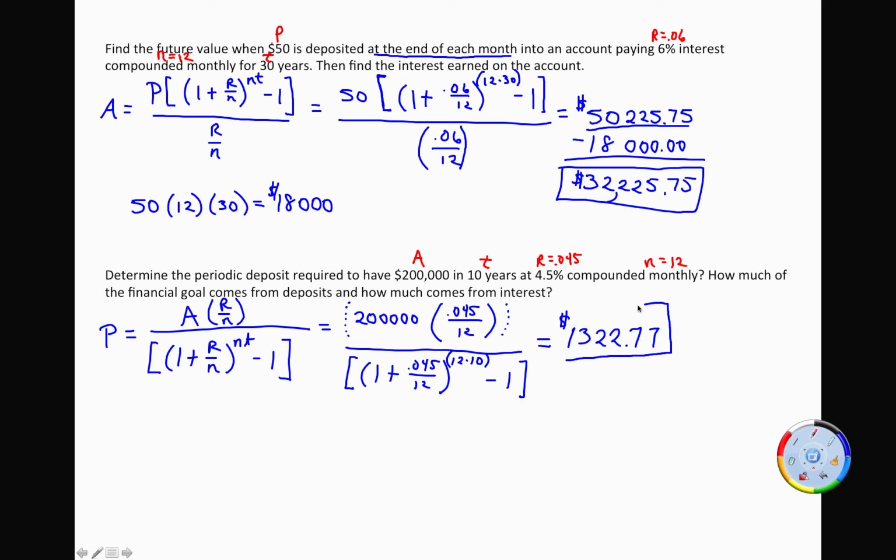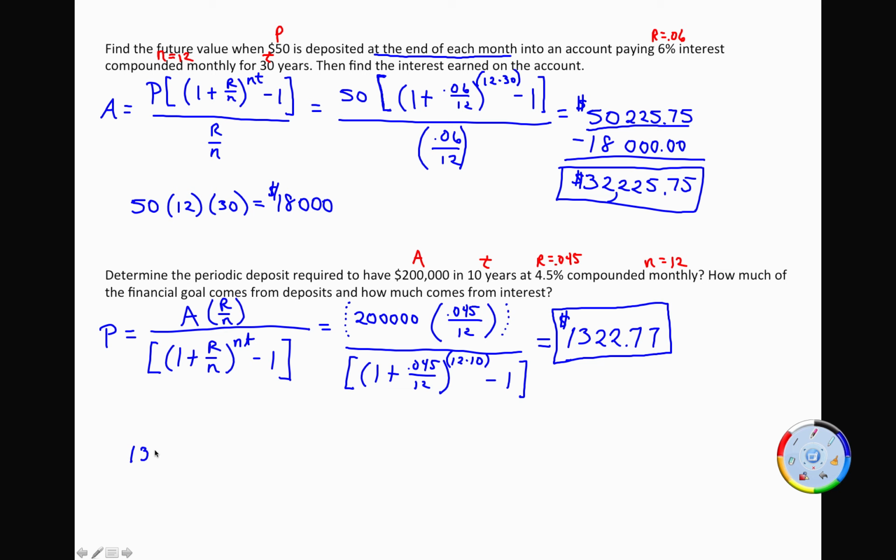I have to put in, for 10 years, if I want $200,000 at this rate, a little over $1,300 a month. Then the next question is, how much of this comes from deposits and how much from interest? Same thing as before.